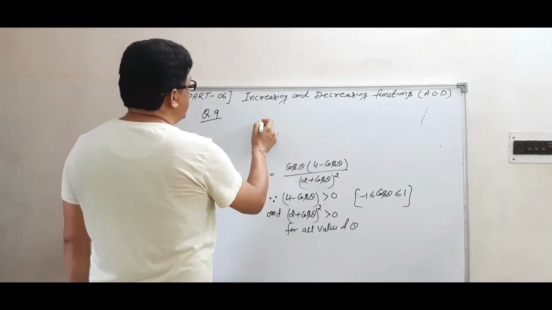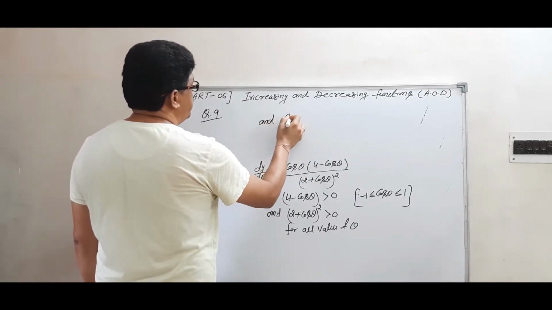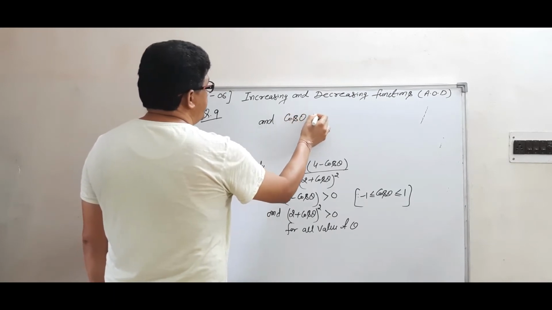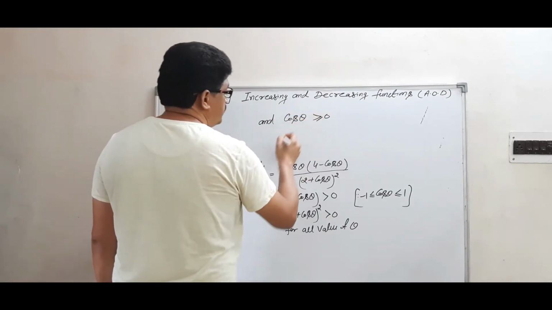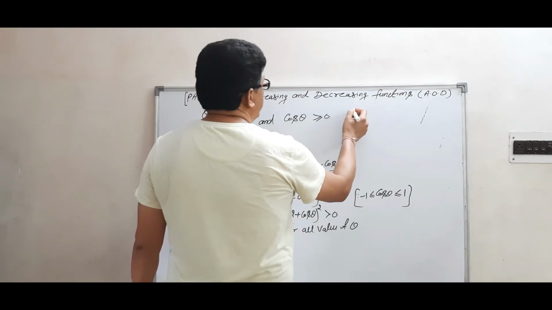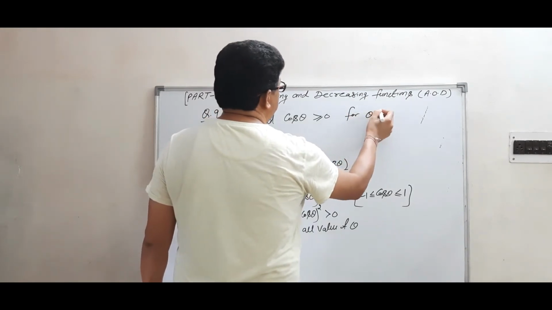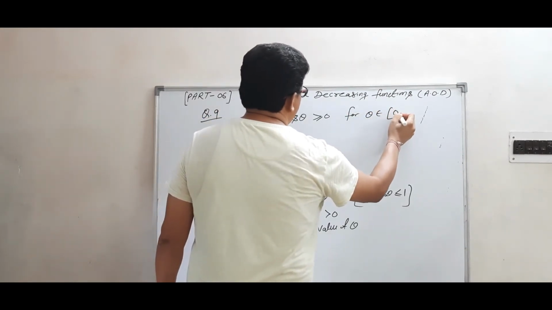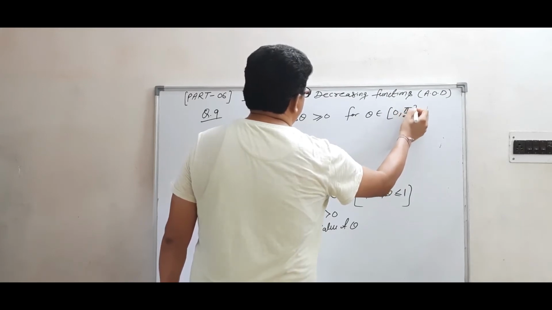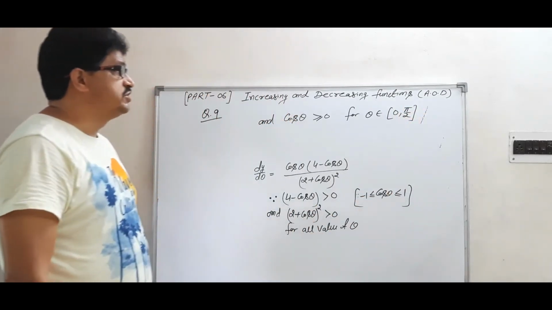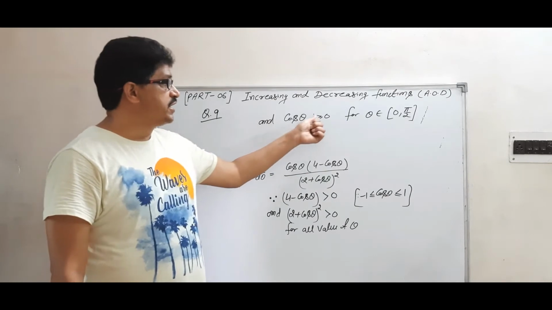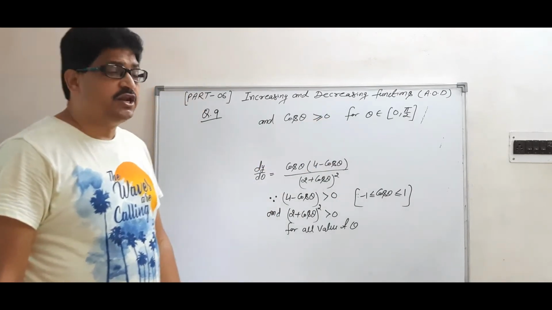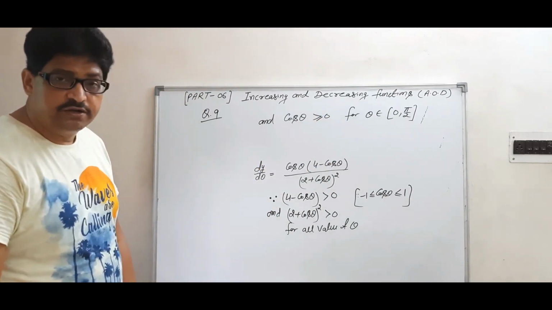And cos theta is greater than or equal to 0 for theta belonging to 0 to pi by 2. In the closed interval 0 to pi by 2, cos theta is always greater than or equal to 0 in the first quadrant.